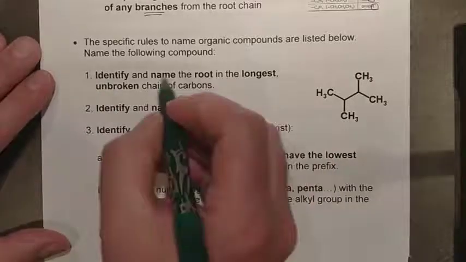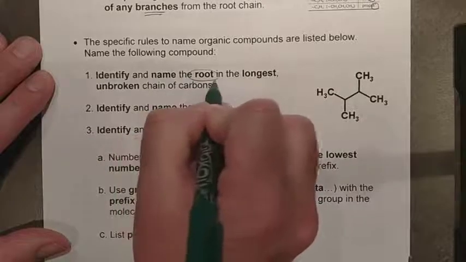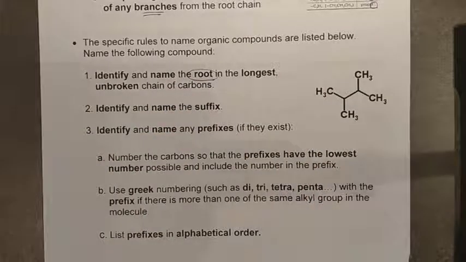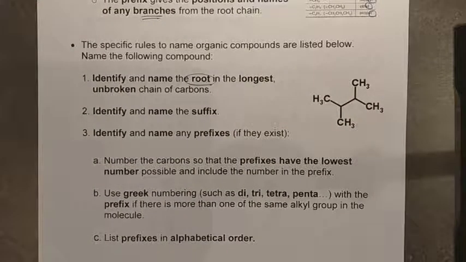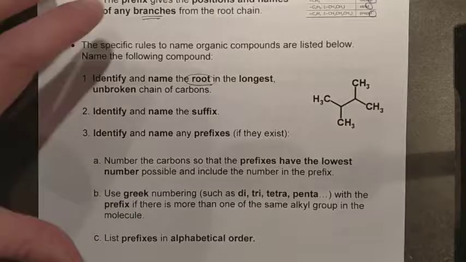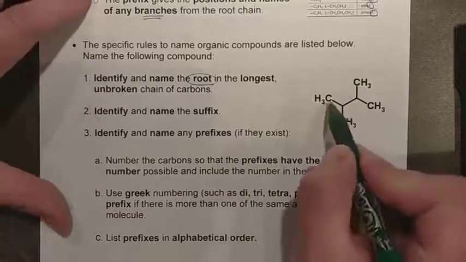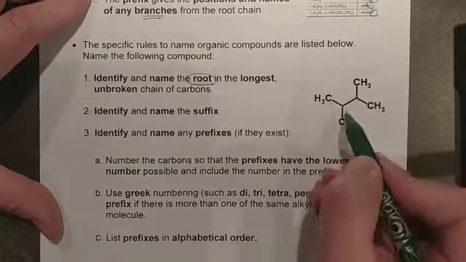The first thing we need to do is identify and name the root, which is the longest continuous unbroken chain of carbons. So it's kind of like one of those old Mensa puzzles where you have to draw these various lines, but they're not allowed to cross over each other. So what we would do is look for the longest continuous line that I can draw between carbons.